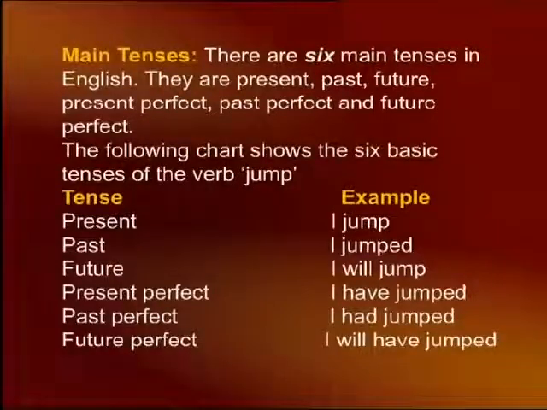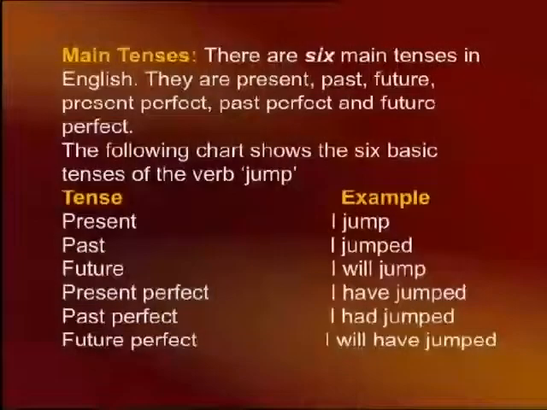Past tense, I jumped. Future, I will jump. Present perfect, I have jumped. Past perfect, I had jumped. And future perfect, I will have jumped. These are the six main tenses of English. Now, we shall look at these tenses in greater detail.